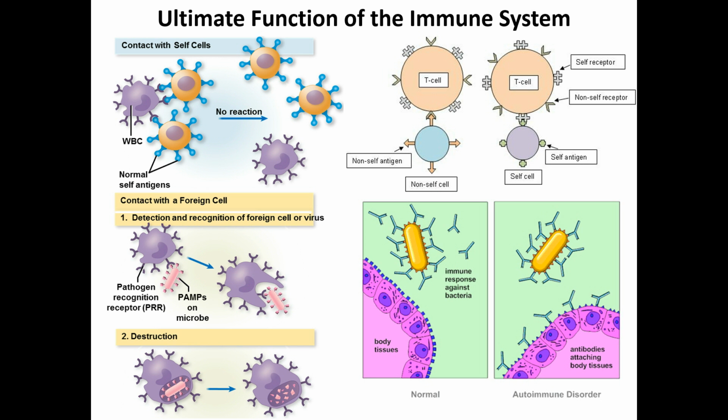When you're looking at the immune system, we're looking at what its ultimate role is. What is its job? The job of the immune system is to differentiate, to discern between our own host cells that are healthy versus our own host cells that are unhealthy, infected, and or other foreign antigens.